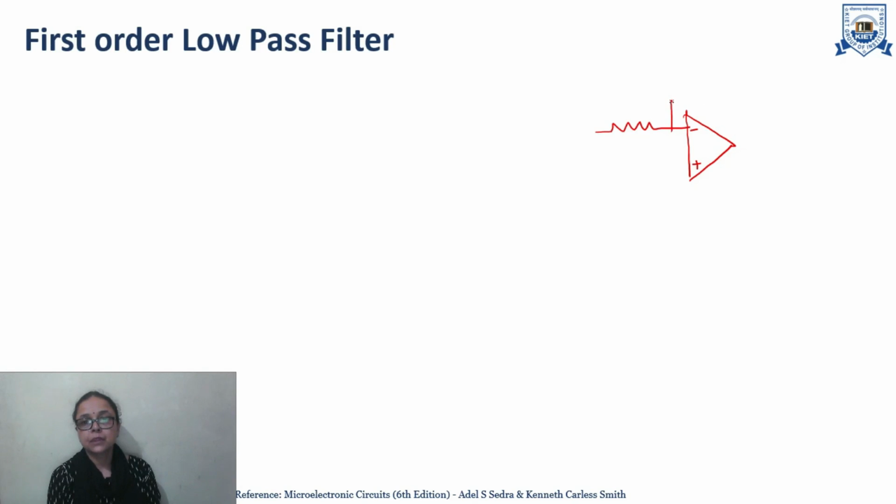This is the feedback, this is the output voltage, R1 resistance, R2 resistance, connected to ground, and at the positive terminal we will have the combination of R and C. So we will have a resistor and a capacitor over here.